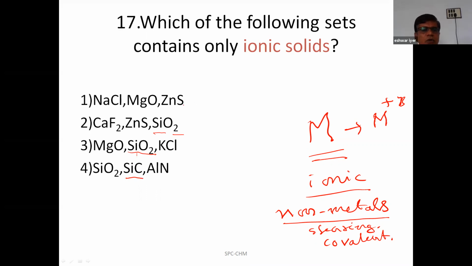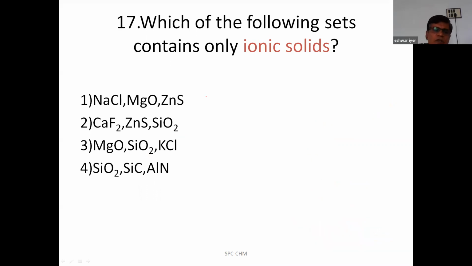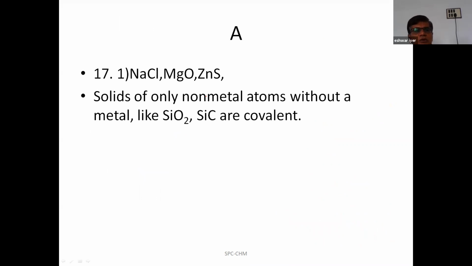So the one without a metal, where there are only two non-metals, is covalent. So let us see the answer. Look at this. Yes, the first option, NaCl, MgO, ZnS. The solids of only non-metal atoms without a metal, like SiO2 and SiC, are covalent.